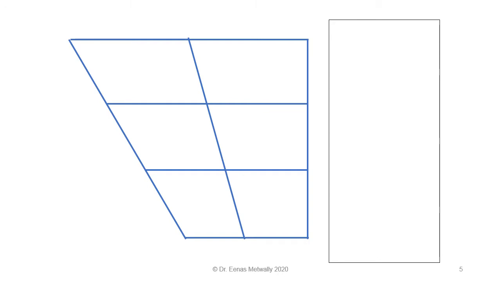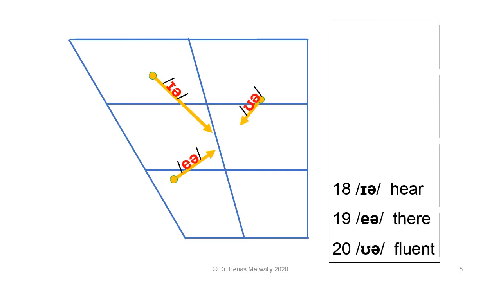English has 8 diphthongs. 3 of them are centering diphthongs that glide towards the schwa, the central vowel. So we have ear, and ua. We have 5 closing diphthongs which all glide towards a closer vowel. 3 glide towards the I, and 2 glide towards the u.